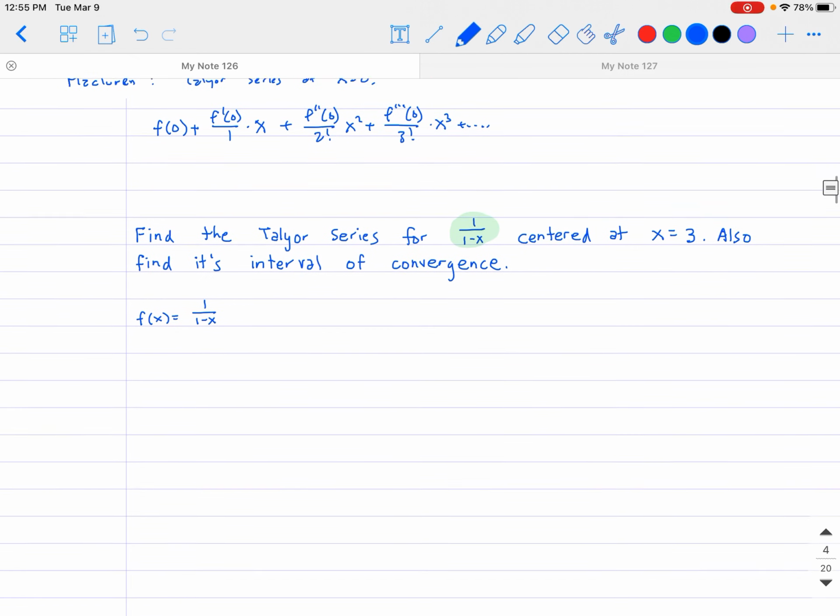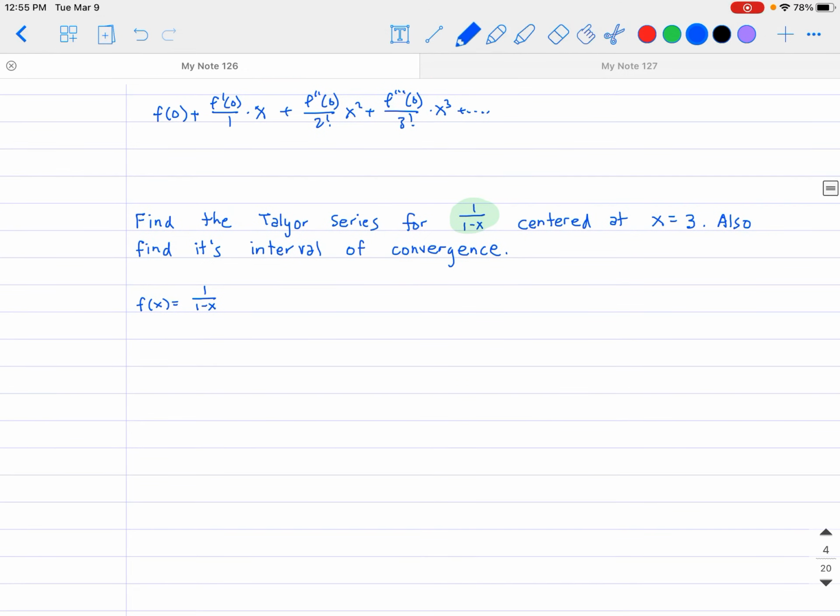So that's exactly what I'm going to do. First, I'm going to solve for f of 3, because x equals 3 is my center. At x equals 3, we have 1 minus 3, which is negative 2, so it's negative 1/2. That's my first part.